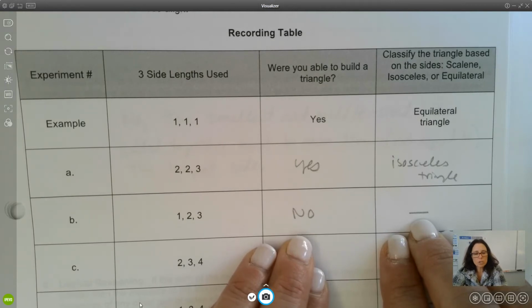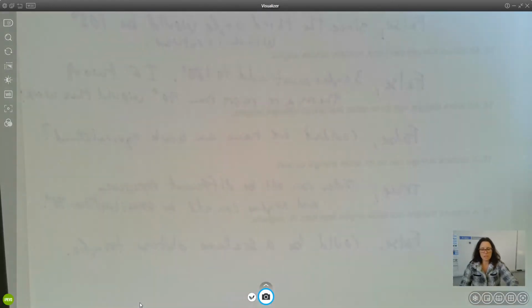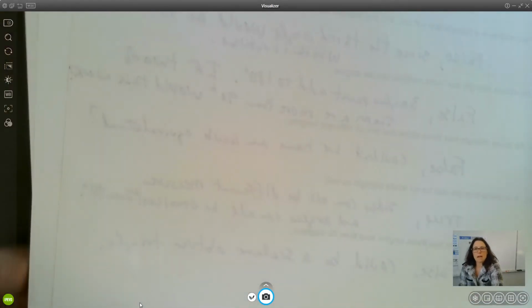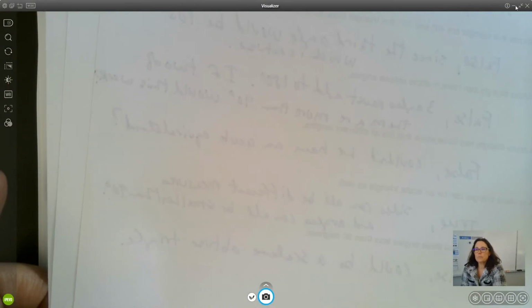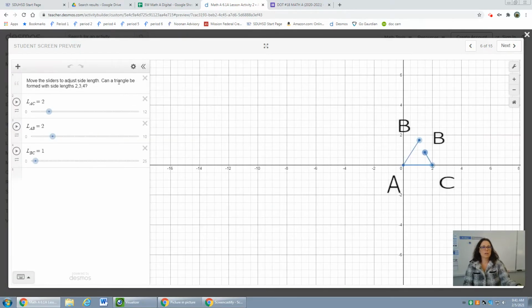All right, we're going to do the rest of them, 2, 3, 4, 1, 3, 4, 4, 5, 7, and 2, 5, 7. Let me get back to my digital version here. Okay, so I've got side length 2, 3, 4.